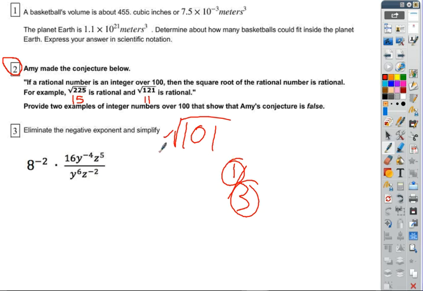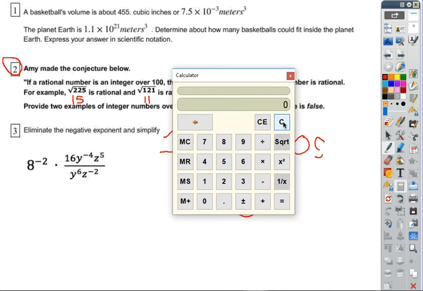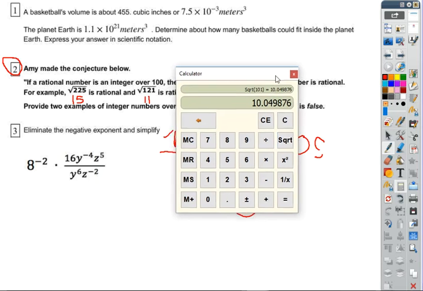But the square root of 101 is going to be 10.05. Or you could just pull up your calculator and then square root it from there. So 10.049, or you could round it.